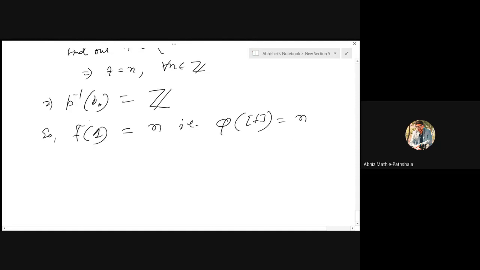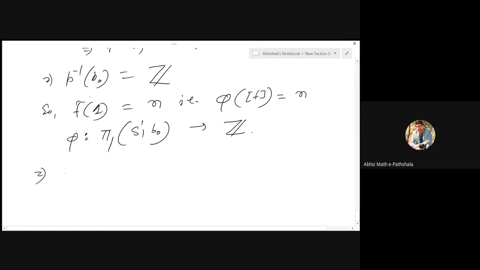So thus the lifting correspondence is actually a map phi from the fundamental group of S1 to the set Z, right? Now since P is a covering map from R to S1, and R is a simply connected space because its fundamental group is the trivial group, what can you say about the lifting correspondence?